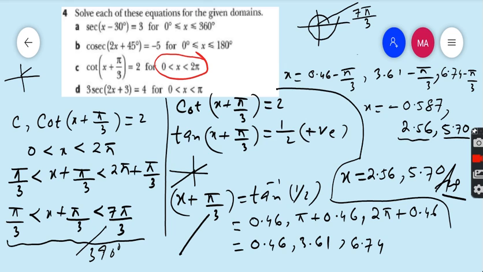So I hope you completely understand this important part, important from the examination point of view.